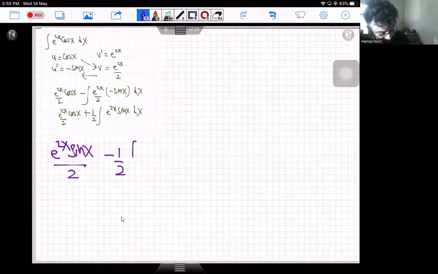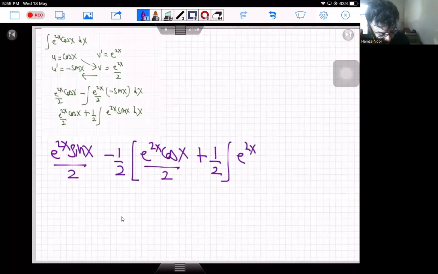So minus half times what? e raised to the power 2x multiplied by cos x completely over 2 plus, again we have an integration. So first we have a constant term outside, half, times the integration of e raised to the power 2x multiplied by sin x with respect to x.